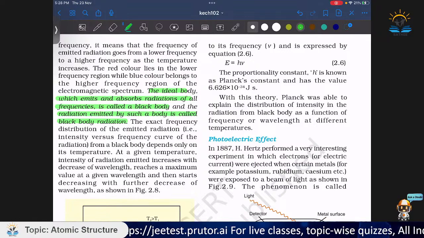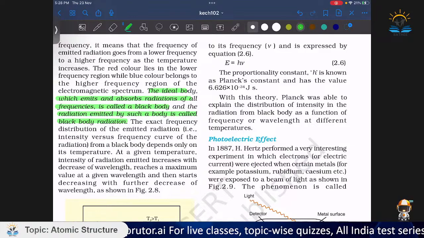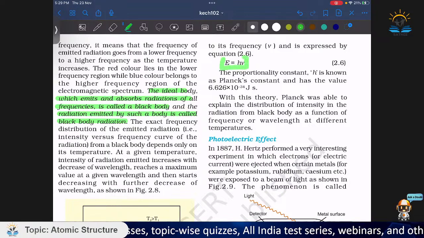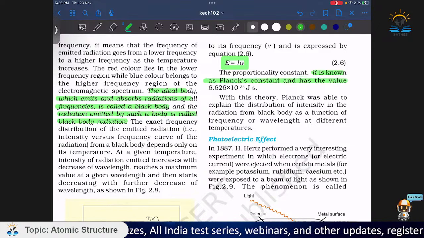It's not just continuous waves. It's like throwing packets of energy, and these packets have discrete size. The size of the energy in this packet is hν, where h is Planck's constant, and the value of h is 6.626 × 10^-34.